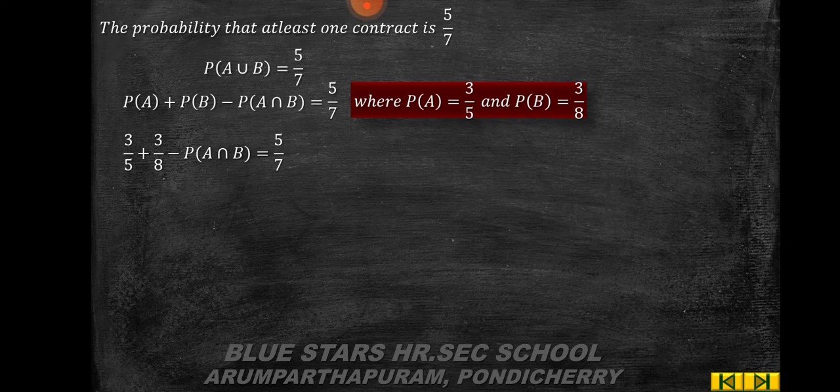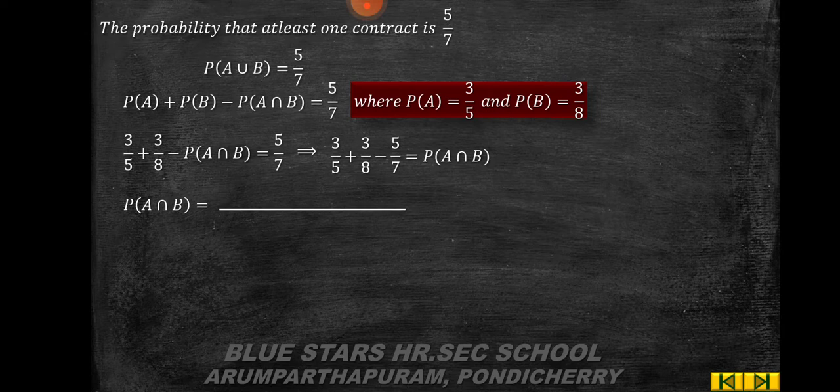So 3 by 5 plus 3 by 8 minus P of A intersection B is equal to 5 by 7, which implies 3 by 5 plus 3 by 8 minus 5 by 7 is equal to P of A intersection B. So P of A intersection B is equal to, the common LCM is 280, so 3 into 56 plus 3 into 35 minus 5 into 40.